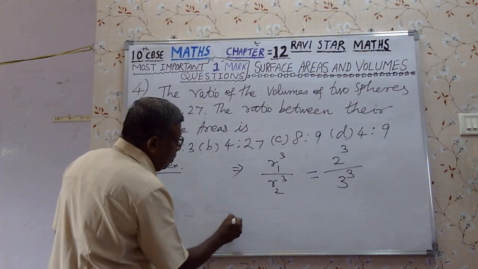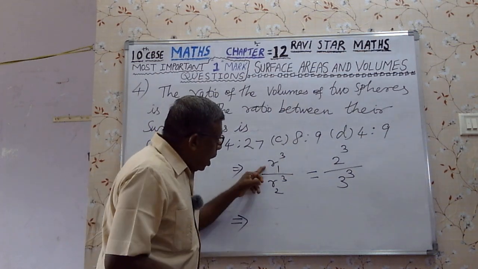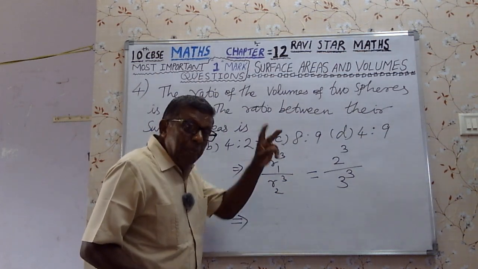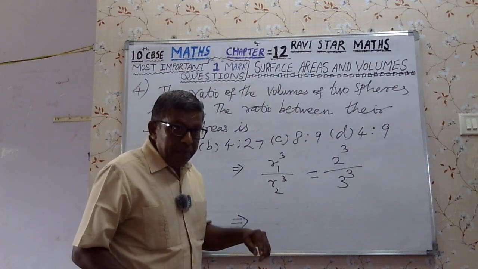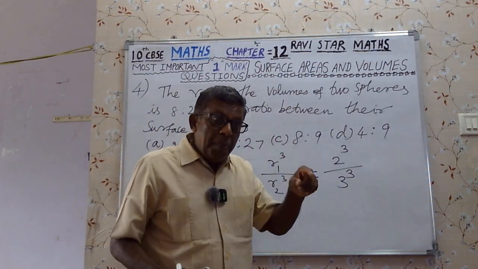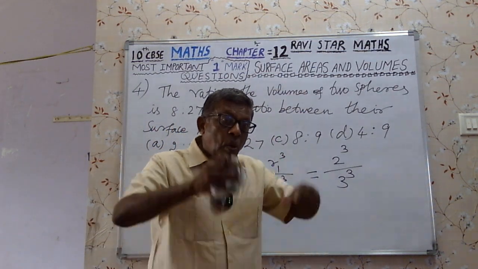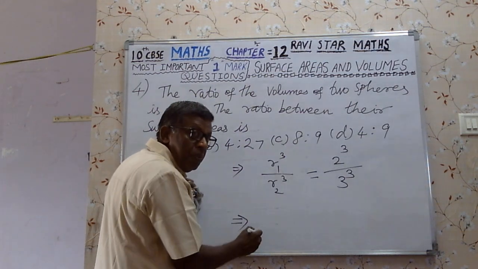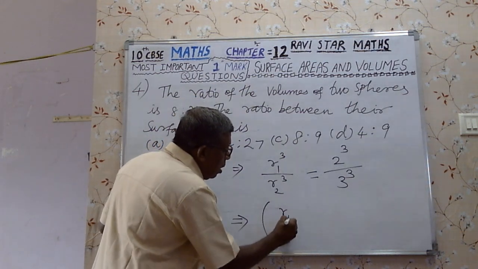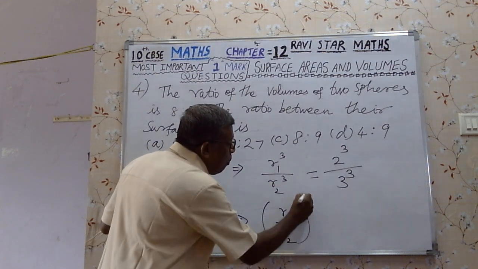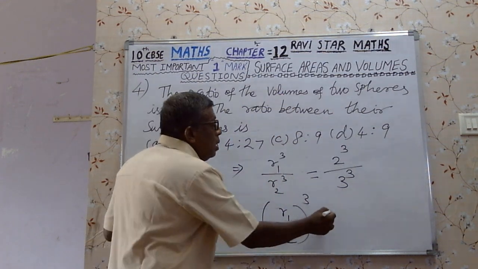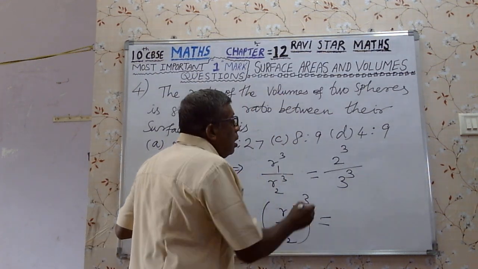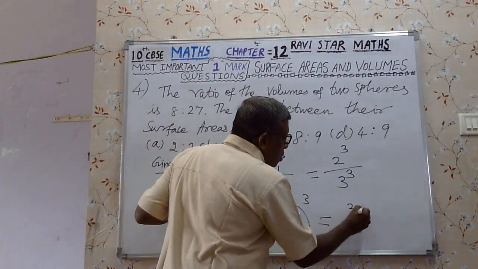You have already studied in 8th standard that a power m by b power m is (a by b) whole power m. Therefore r1 power 3 by r2 power 3 is (r1 by r2) power 3, equal to 2 power 3 by 3 power 3, which is (2/3) power 3.